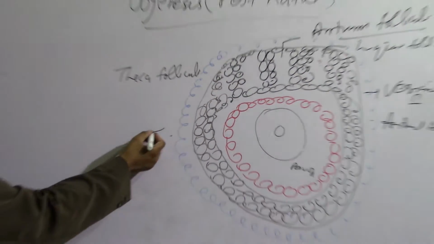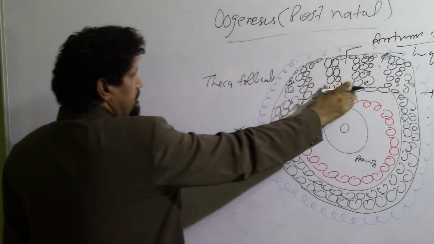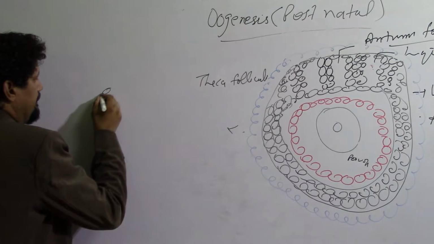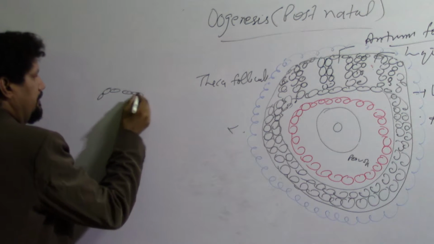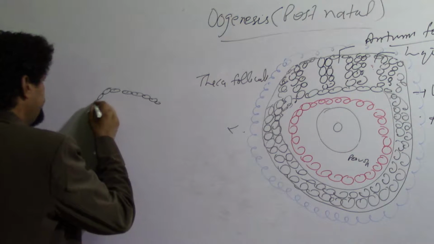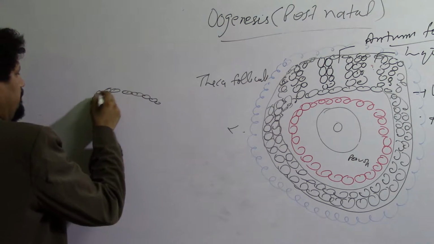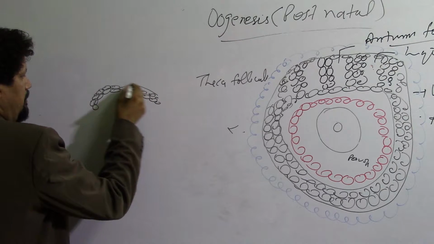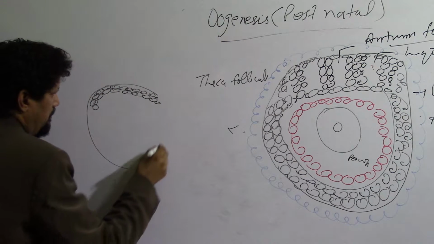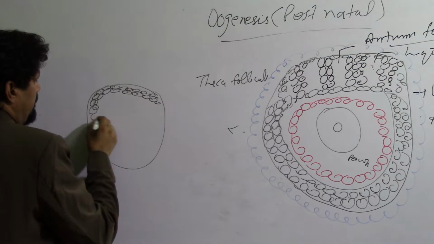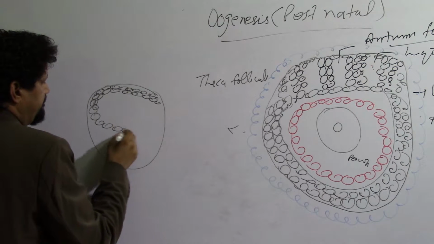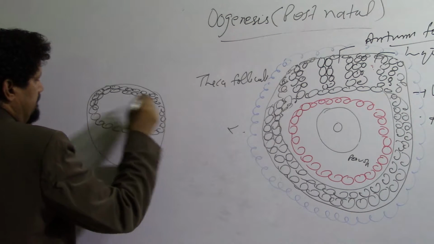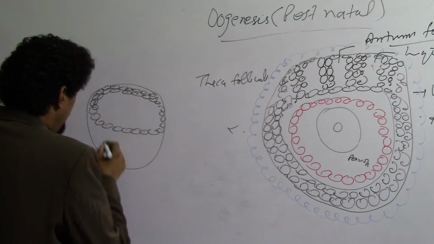Now, after this, these cavities or antrum coalesce to form a single large cavity. These are cuboidal cells resting on a basement membrane, and here is a big cavity which is formed by coalescence of all these antrum.